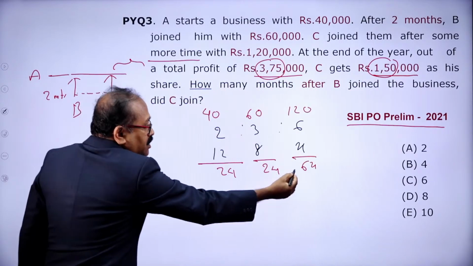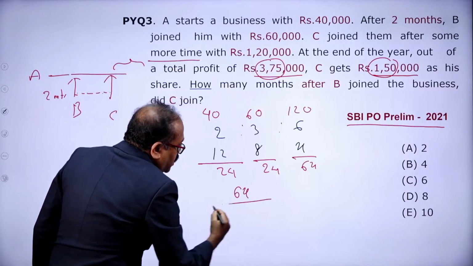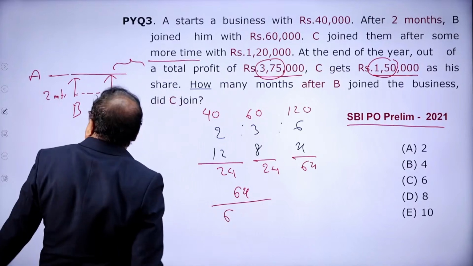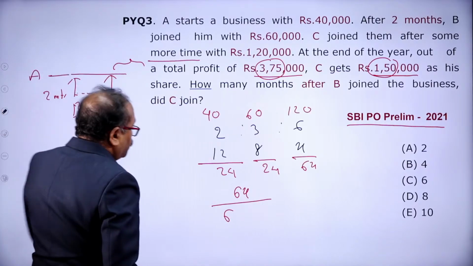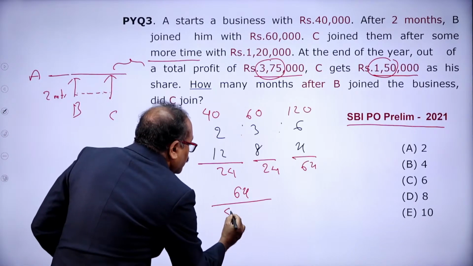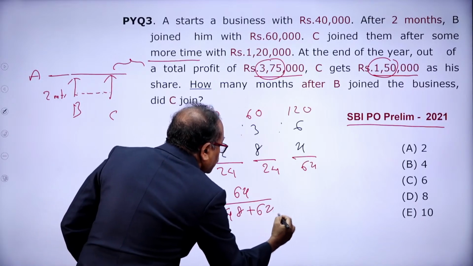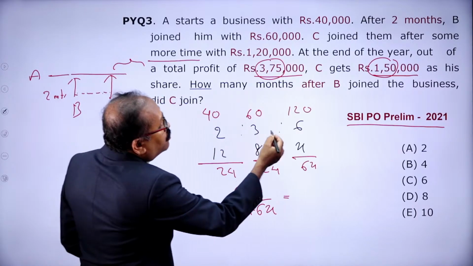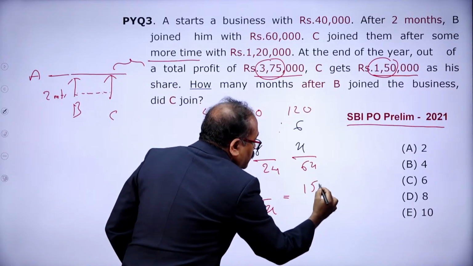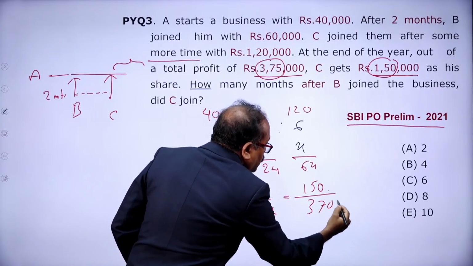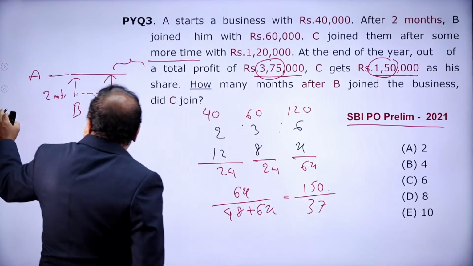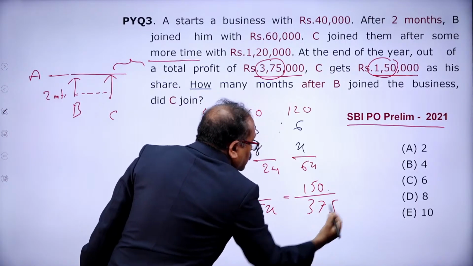So let's take C here, 6x by 24 plus 24, 48 plus 6x, which is equal to 150 by 375.